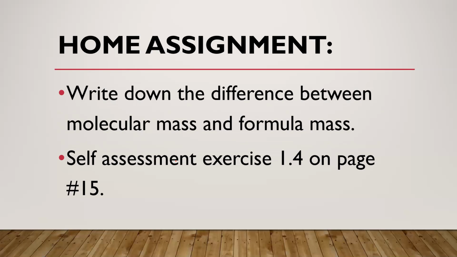These can be seen in the periodic table in chapter number 3, on page 44 of your book. Get help from that periodic table and solve the problems. Okay, this is all about molecular mass and formula mass.